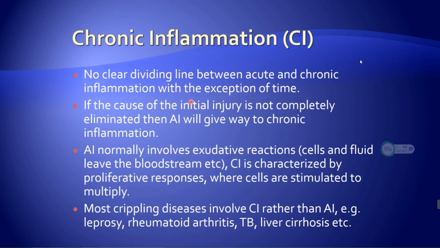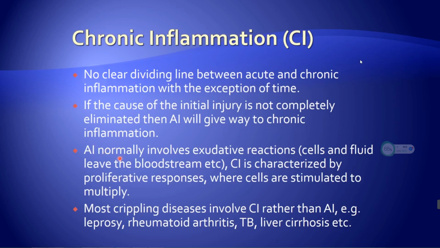If we're looking at acute inflammation, remember, if that initial injury is not eliminated by AI, the goal there is to go in, get rid of that etiological agent as quickly as possible, and then repair and resolution. That's the game there. And it does so by those exudation reactions, fluid exudation followed by cellular exudation. If that doesn't work, then usually it will go to chronic inflammation.